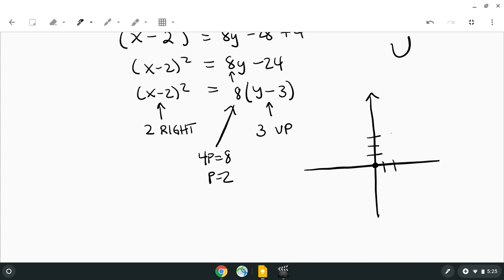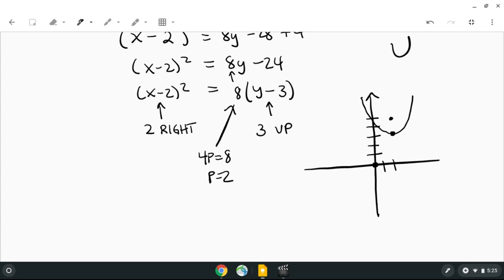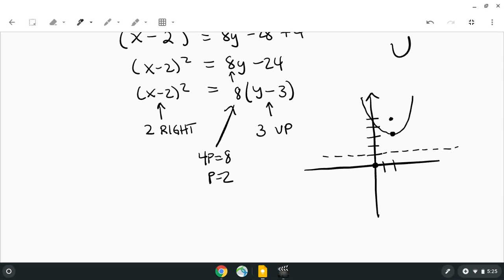So this is now my new vertex. Okay. And I know that it's the open upward parabola. And I know that my focus is 2 units. 1, 2, inside here. And my directrix is 2 units below here. Okay.